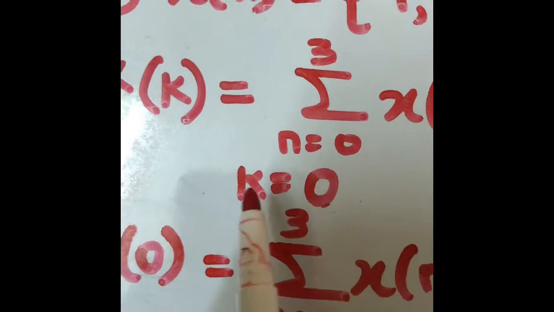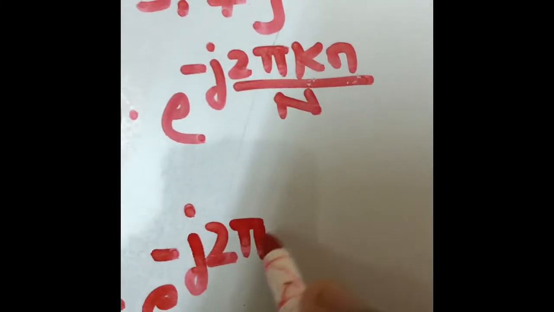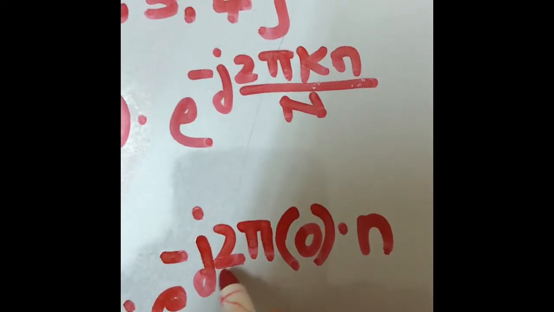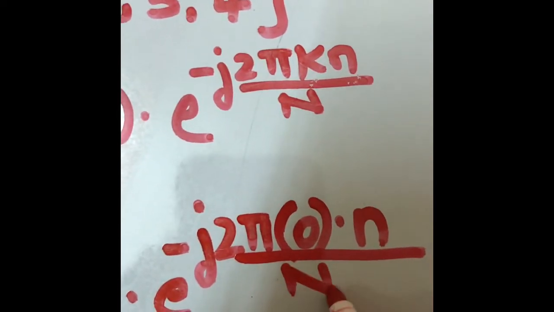We are considering k as 0 for the first calculation. So k, 0, into n by N.